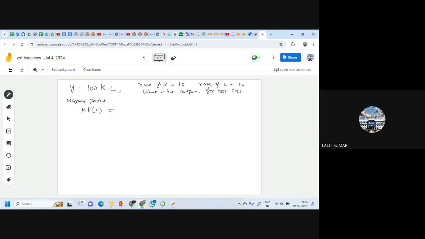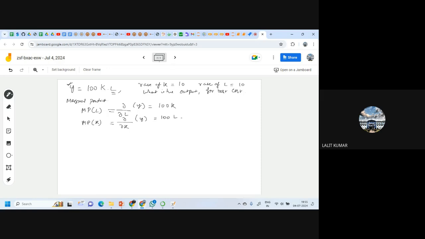It means that if I increase labor by one, keeping everything constant, what is the change in my product? So this is nothing but dou y by dou l, which will become 100k. Similarly, MP of K, if I change only capital and keep labor constant, is the marginal product with relation to capital. This will become 100 L.